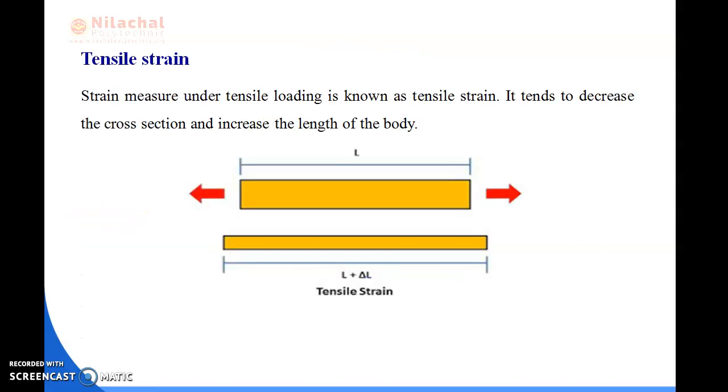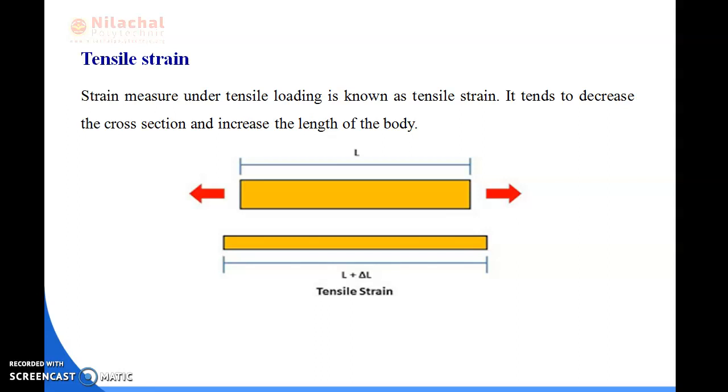So first of all, the tensile strain. What do we mean by tensile strain? You know what we mean by tensile force? The force which is applied to a body by pulling in nature is known as tensile force.